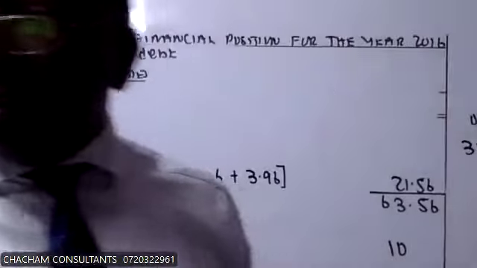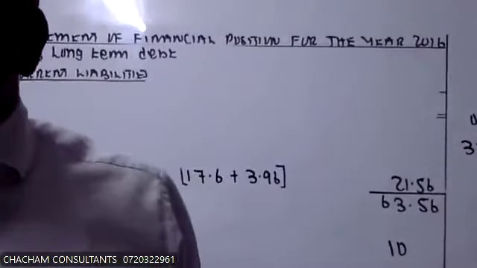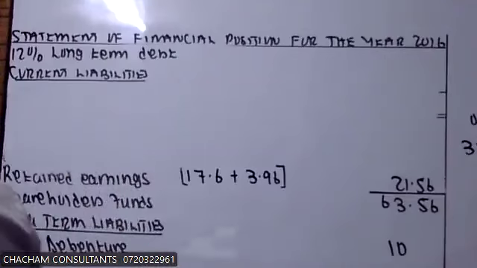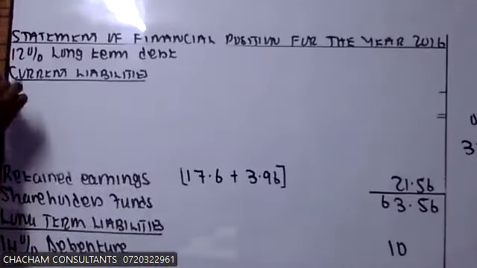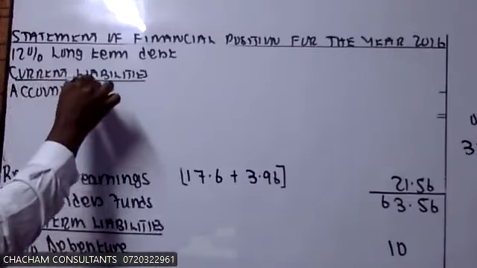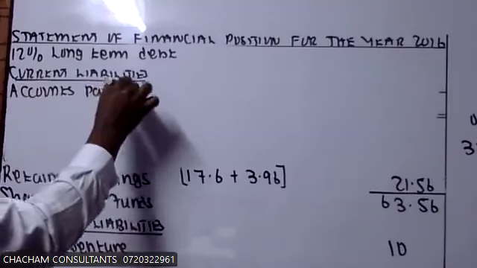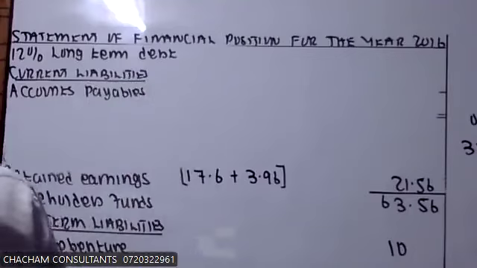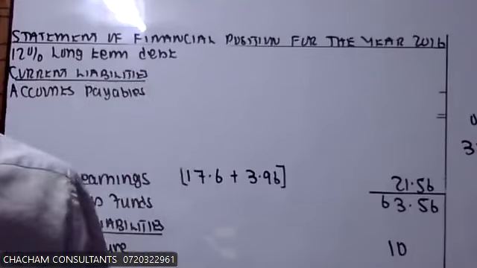Current liabilities, ukiangalia kwa hii statement, we have the accounts payables. So the accounts payables, what did the question say?